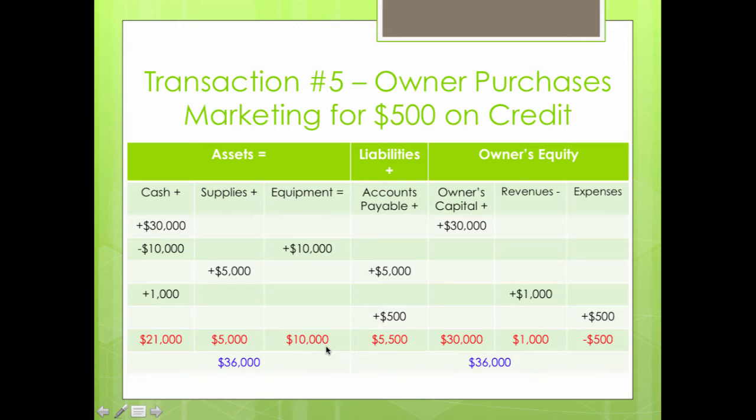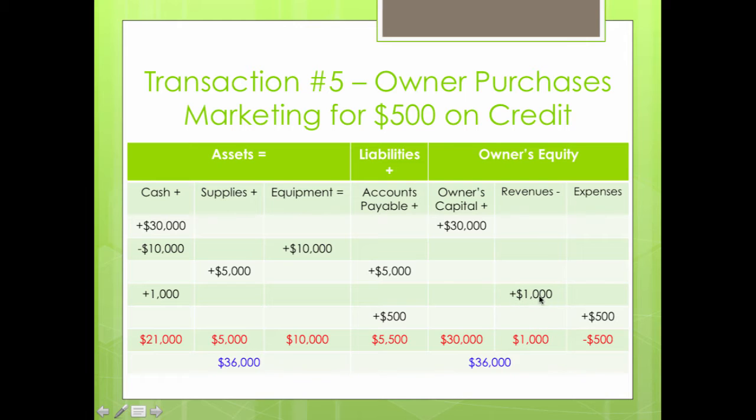I want to direct your attention to the expanded accounting equation. Here's the expanded accounting equation. It's cash plus supplies plus equipment equals accounts payable plus owner's capital plus revenues minus expenses. Please pay attention to whether it's going to be adding or subtracting here, okay?